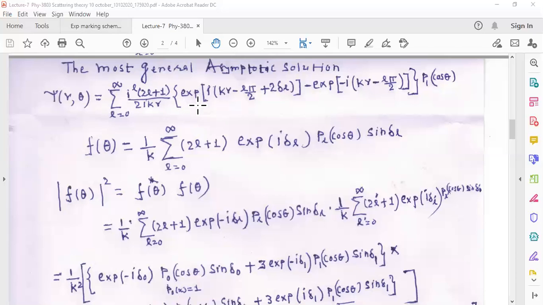And you see the term e to the power of i into the bracket kr minus L pi by 2 plus 2 delta L. There is a positive sign here. And there is another term, which is exponential of minus i into kr minus L pi by 2.